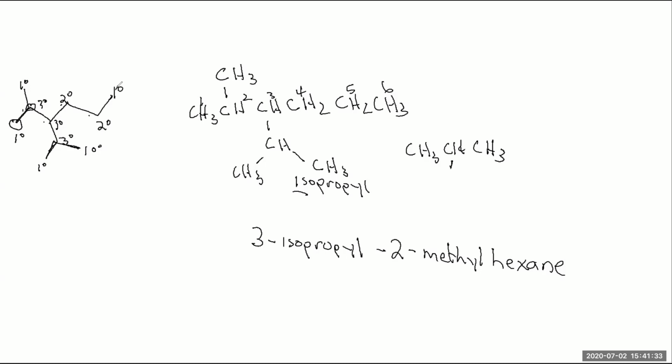Okay, so we can identify the different types of carbons. So the hydrogens would be primary hydrogens here, secondary, and a tertiary hydrogen. So we can also identify the hydrogens.